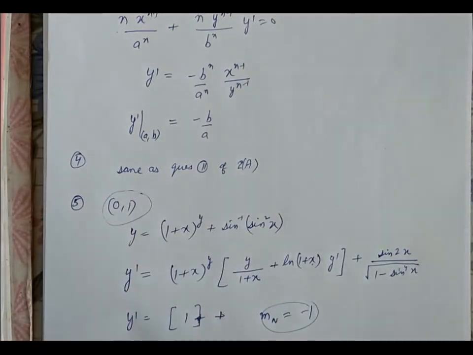We know the slope, we know the point, we can find the equation of the normal. Okay, moving on to the next question, question number 6. Show that the normal to the curve at the point 0, -3 meets the curve again at 2 points. Okay. So first what we need to do is find dy by dx.